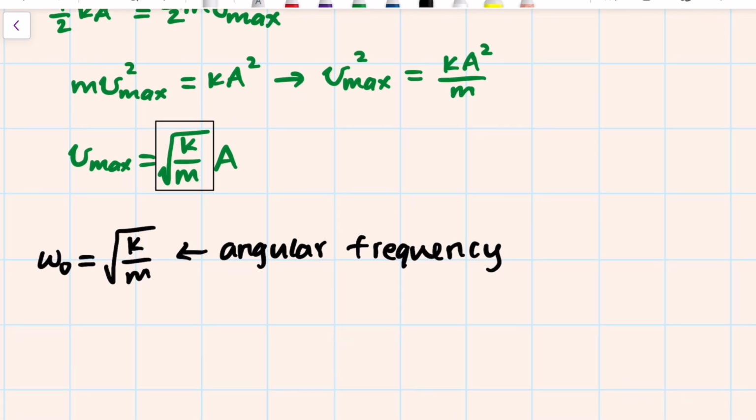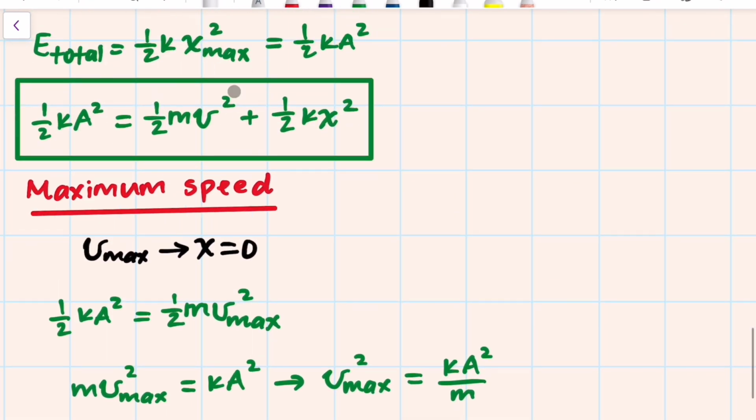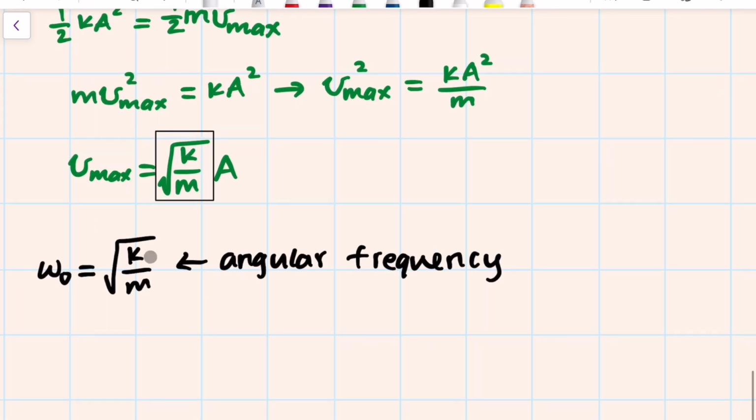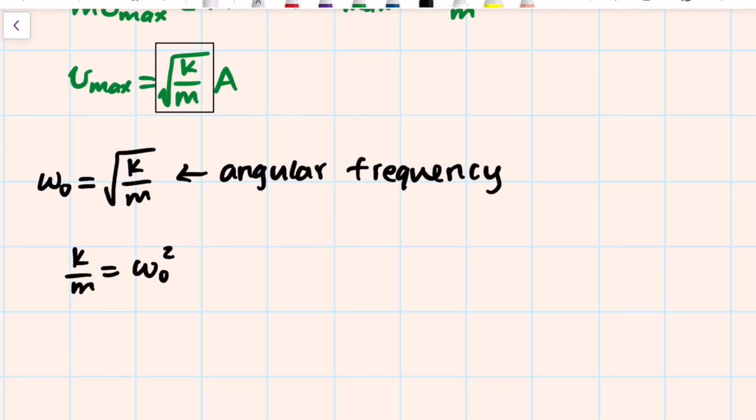So now let's solve for k and write our energy conservation using angular frequency. To solve for k, I square both sides, then multiply times the mass. And the force constant is equal to angular frequency squared times the mass.